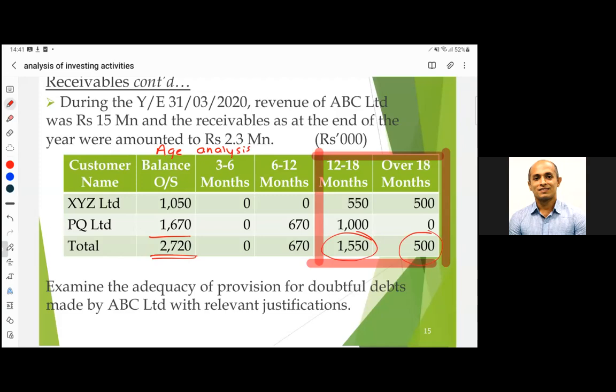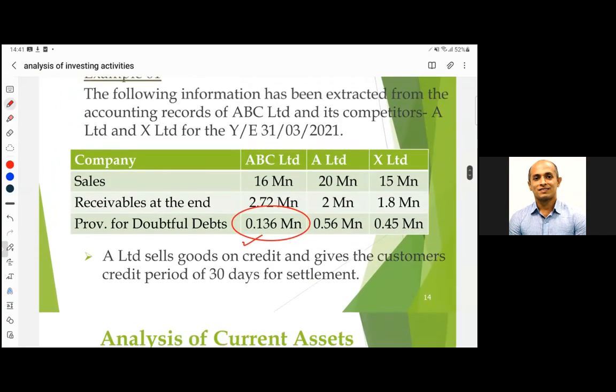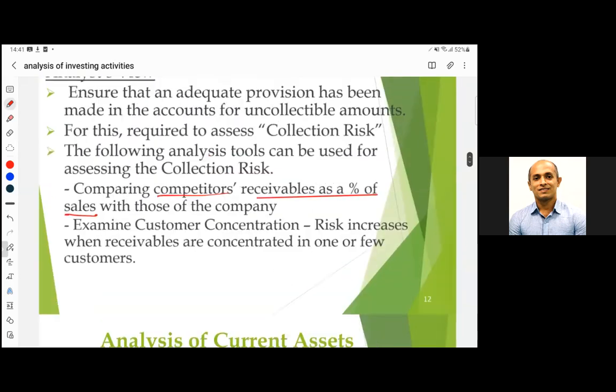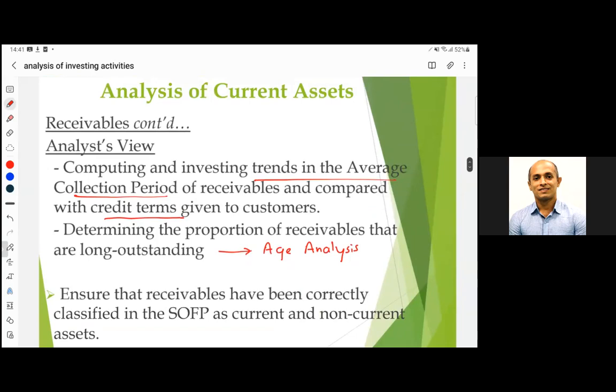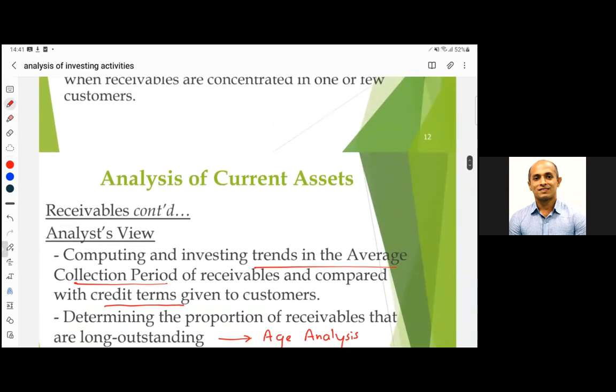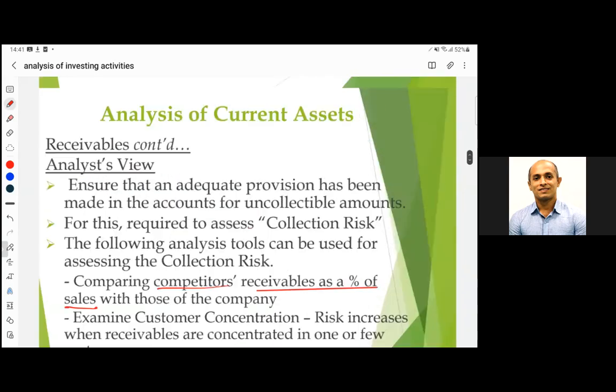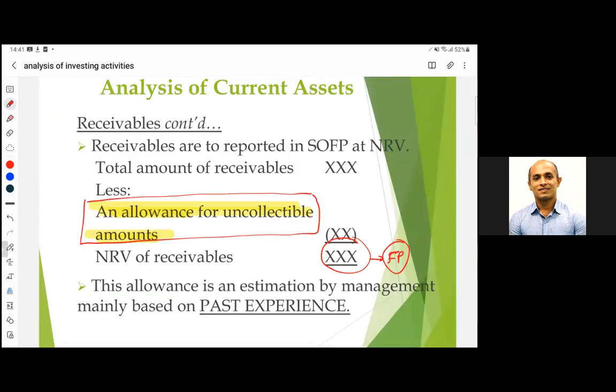So likewise, when you analyze the receivables, you have to see whether the provision is enough in the accounts. You have to focus on provision for doubtful debts.